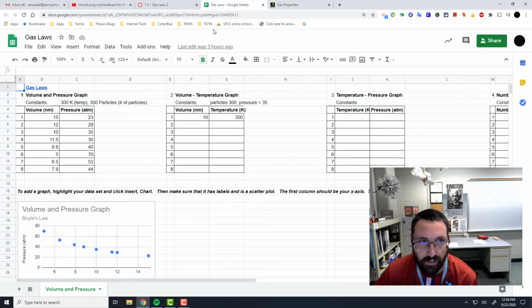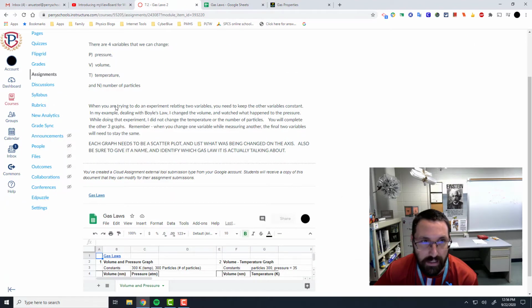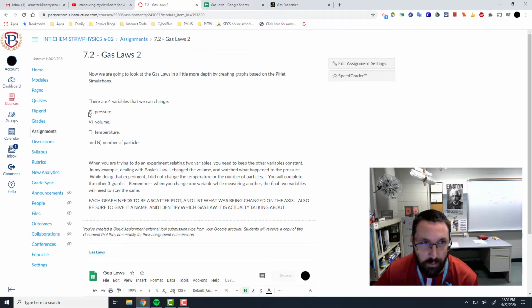So on the gas laws assignment, the first one I went ahead and did for you. It's how to go about calculating the volume and the pressure. There are four basic variables that can be changed: pressure, volume, temperature, and the number of particles. Anytime you do a test, you're going to be looking at two of them, but you're going to keep the other variables constant.